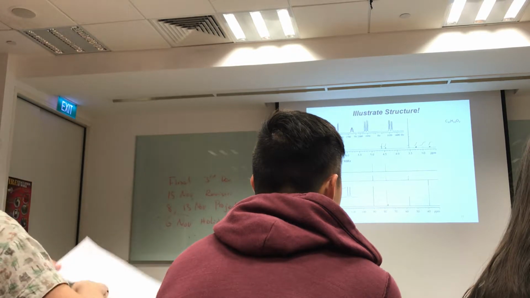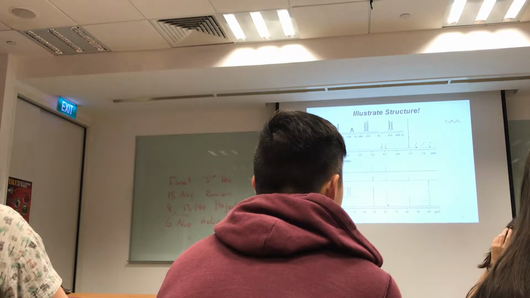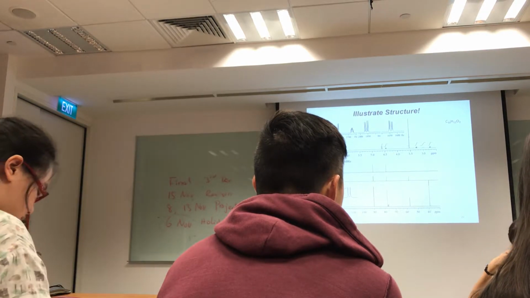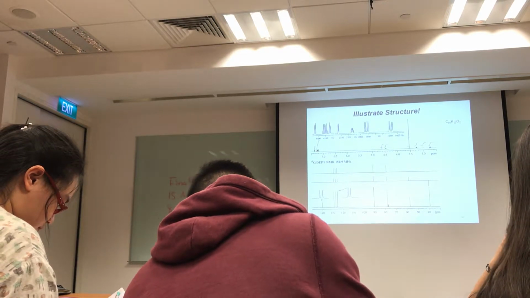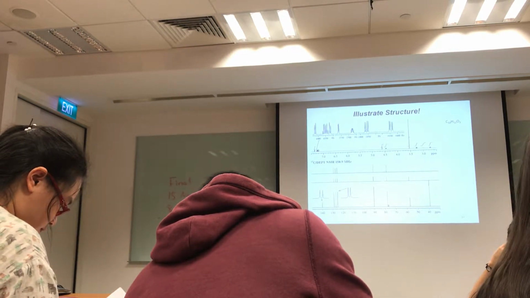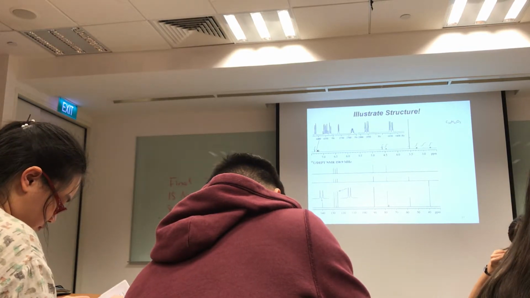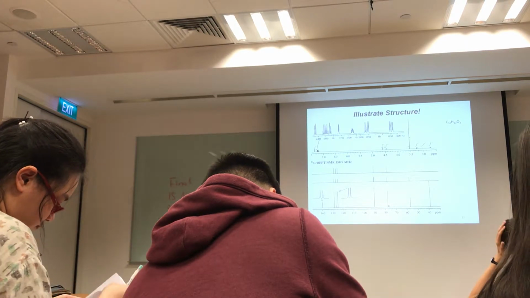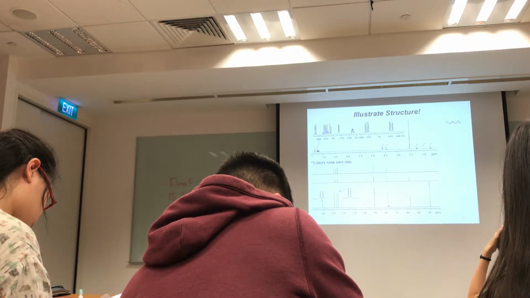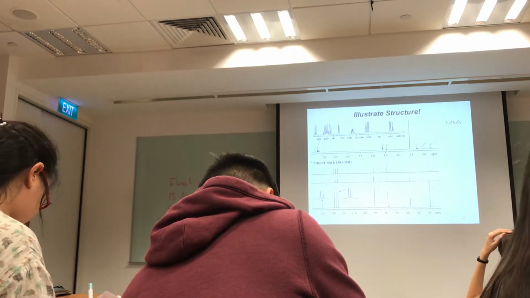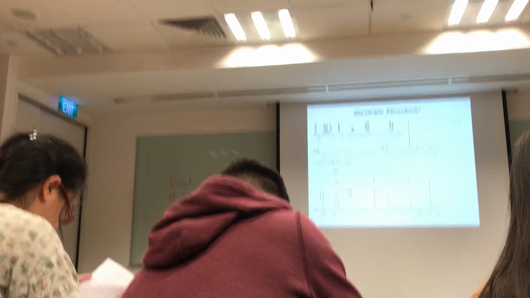Now, if you have 3 sp2 CH, how many possibilities can you have? Think about that. I will list a few for you. One, it can be a tri-substituted phenyl, right? The other one is it can be a di-substituted pyridine.